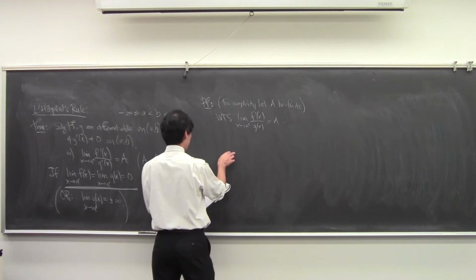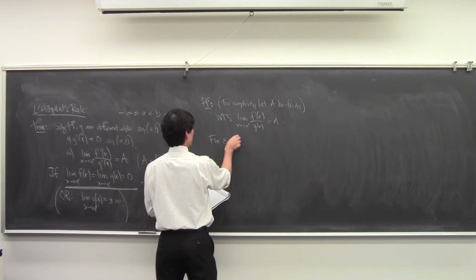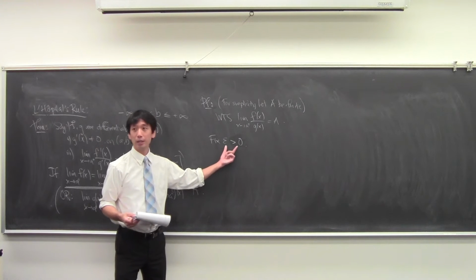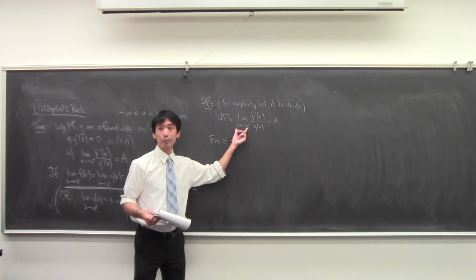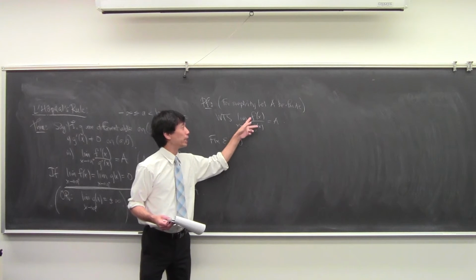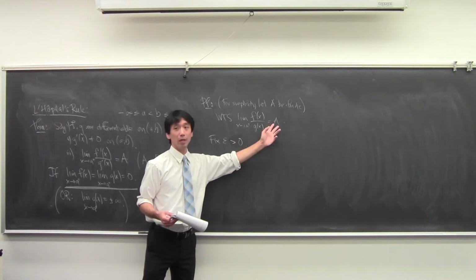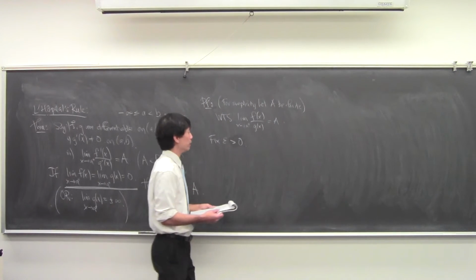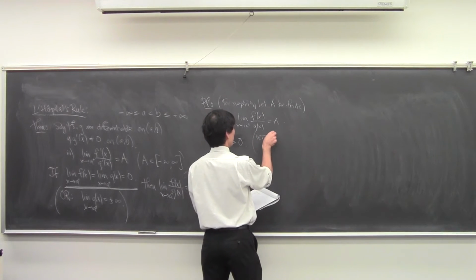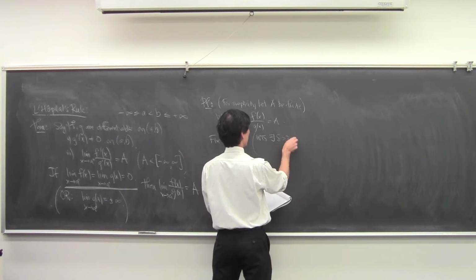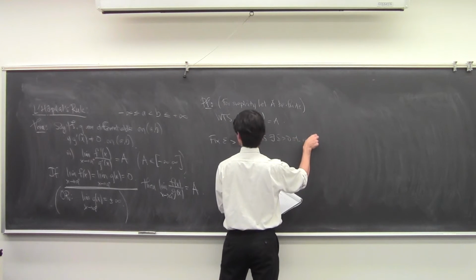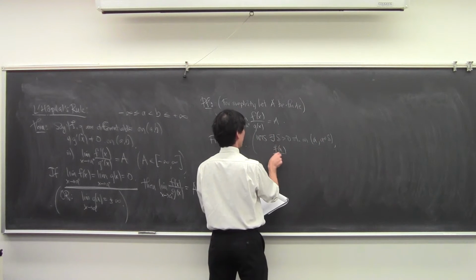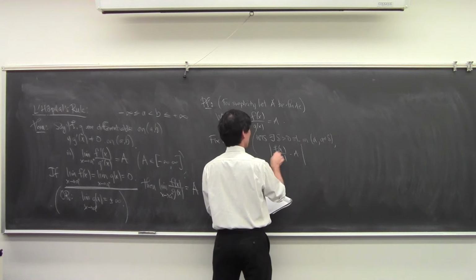Okay. Well, so this is a limit argument, right? We want to find a right-handed neighborhood of a in which this thing is within epsilon of capital A. We want to show there exists a delta such that in (a, a plus delta), |f of x over g of x minus A| is smaller than epsilon.